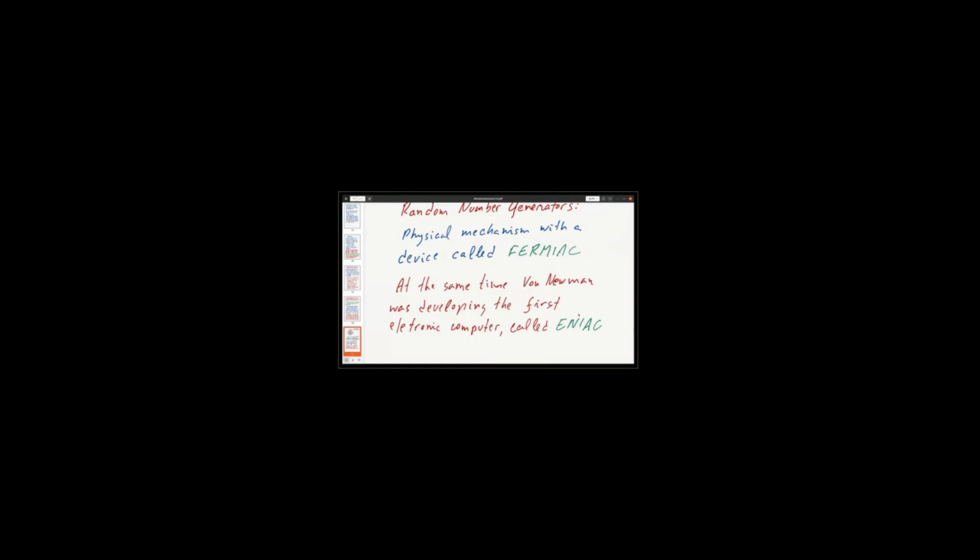So there was, of course, a competition among them, and it's interesting, but this is a kind of sense of humor of academics. So Fermiac is named after ENIAC. You can find also a lot about ENIAC and the development of the electronic computer by this group.